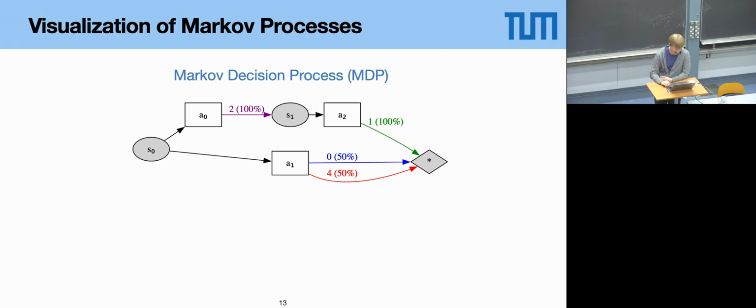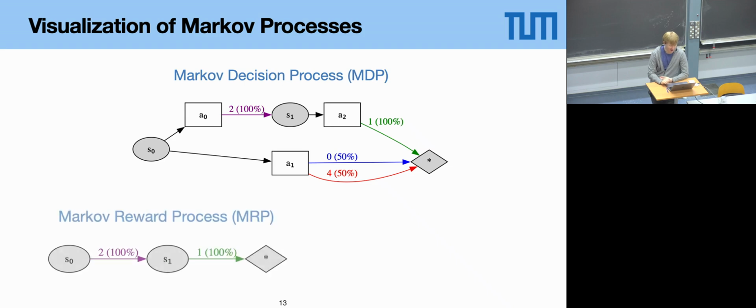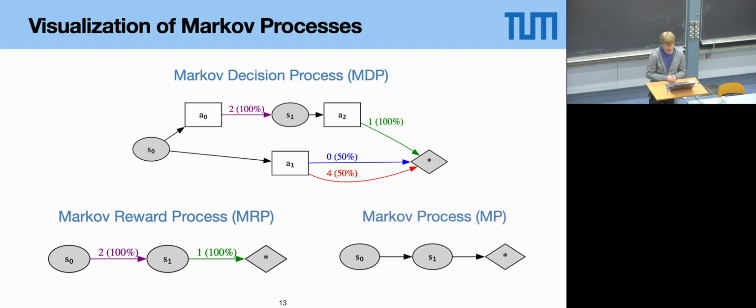So what can we do with that? As soon as we fix a policy, that means as soon as we fix a rule for how to decide actions in a given state, we have a Markov reward process, where the actions are gone and just the states and the rewards are left. Then we can also choose to ignore the rewards, and all that's left are the states, which is called a Markov process.